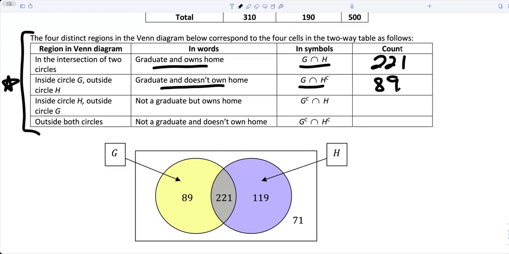Not a graduate, but own a home. So G complement intersection H, that's going to be the 119. And then G complement intersection H complement. I'm in neither one of the circles, but I'm still inside the sample space. That would be 71.